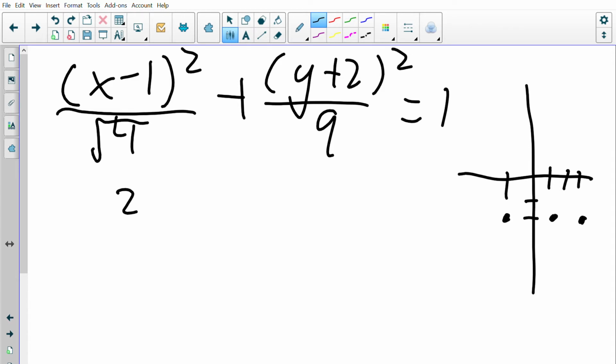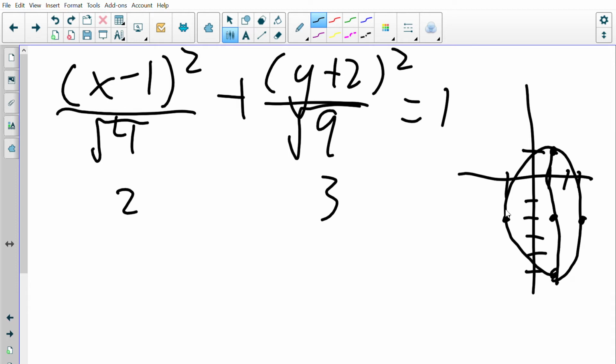And that just tells me how far to go in each direction. Next, I'm going to square root this one. So that's 3. The square root of 9 is 3. I'm going to go up 1, 2, 3, and then down 1, 2, 3. And then I'm just going to kind of make it. So this side is longer than this side.